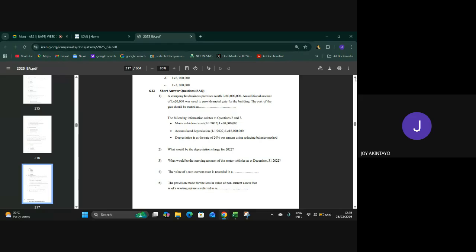The depreciation rate is 20%. The motor vehicle's actual cost is 50 million. The accumulated depreciation as at 1st January 2022 is 18 million. What is the carrying cost? Let's determine the carrying cost as at 1st January 2022.